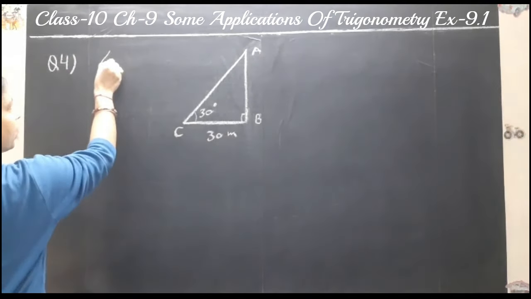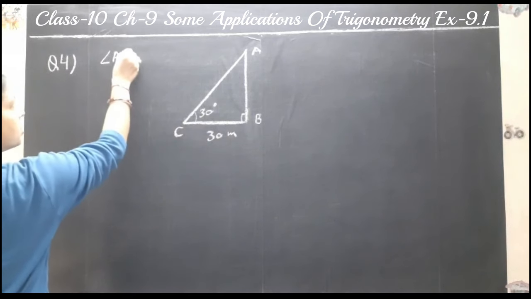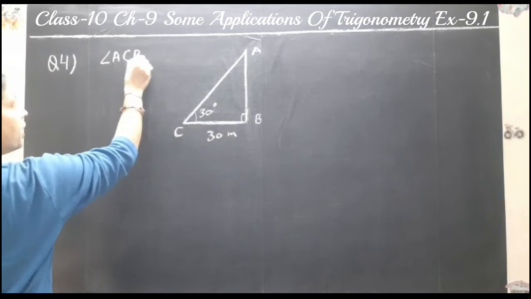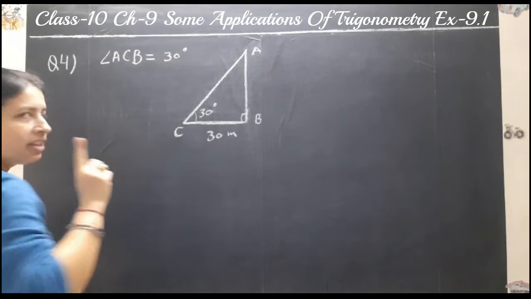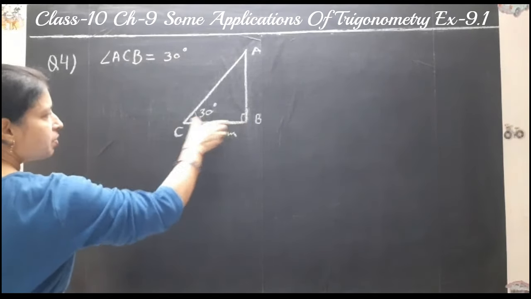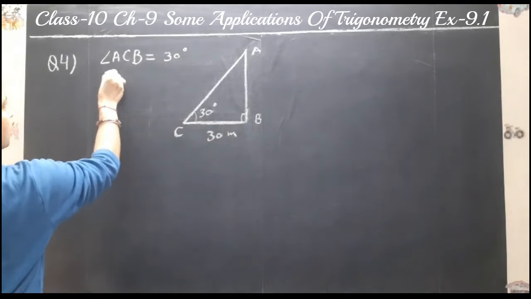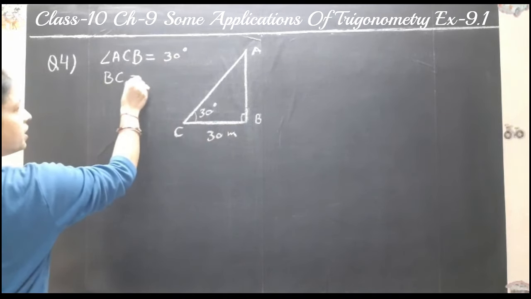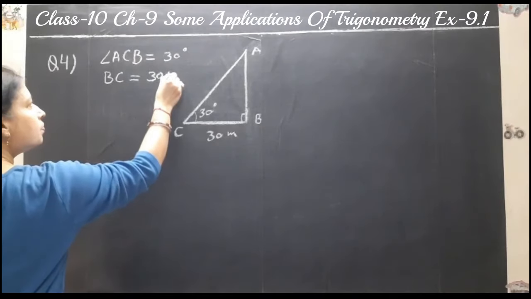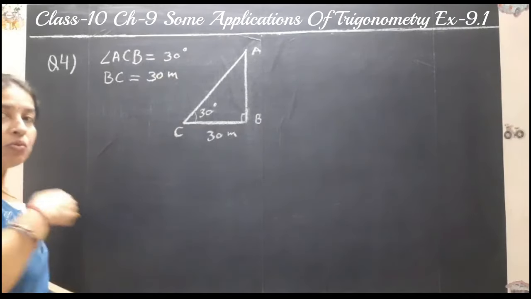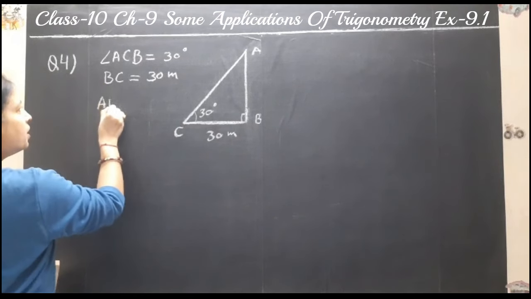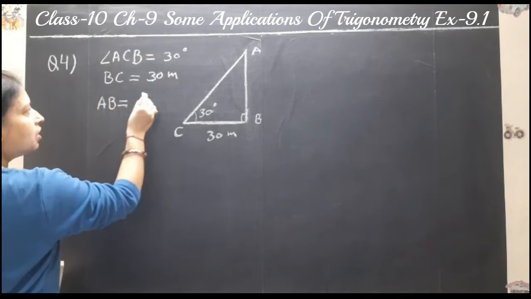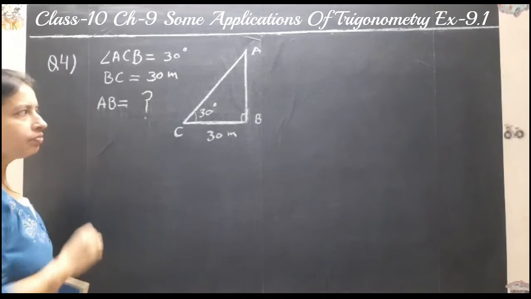Here given angle ACB, angle of elevation, it is given 30 degree. Second thing, what is given? This distance BC is given, BC is given 30 meter. And what we have to find out? Yes, we have to find out AB, that means the height of the tower.